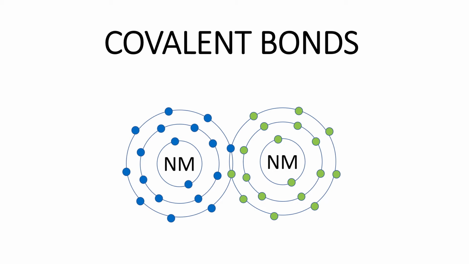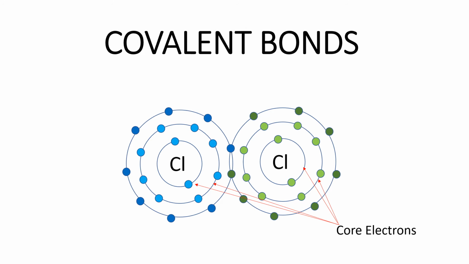The next type of bond is the covalent bond. Usually non-metal and non-metal atoms come together to form covalent bonds. Let's consider two chlorine atoms. Here the dark colored electrons represent their valence electrons and the light colored electrons show the core electrons. Therefore, you can understand that these valence electrons are involved in covalent bond formation.